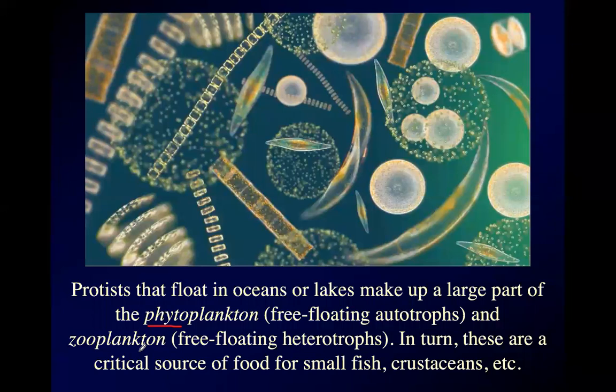And protists like this are a critical source of food for larger organisms. Small fish would eat these, crustaceans, little shrimpies would eat those. In Lake Conway, floating phytoplankton like this would probably get eaten by little crustaceans.